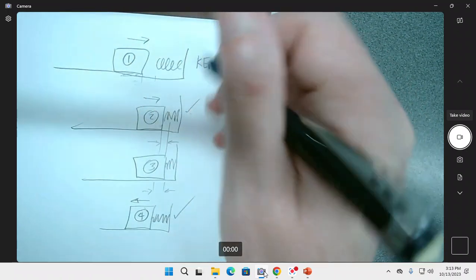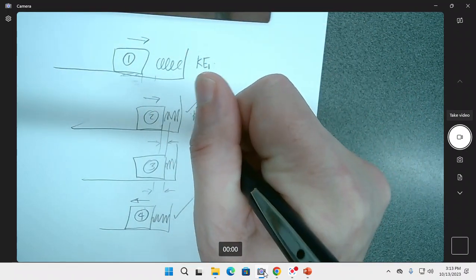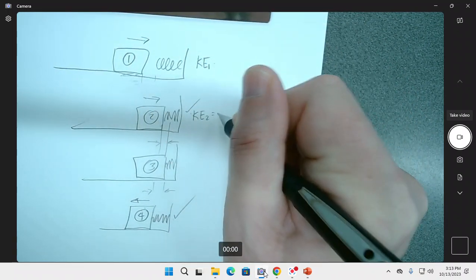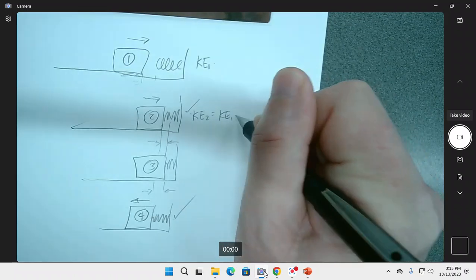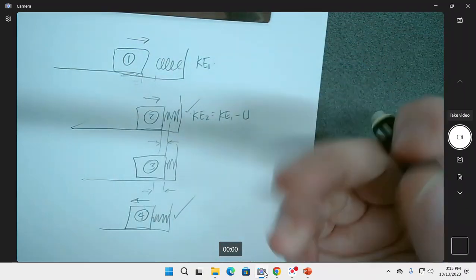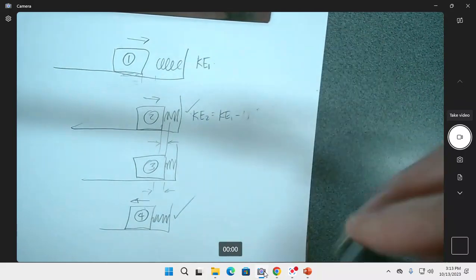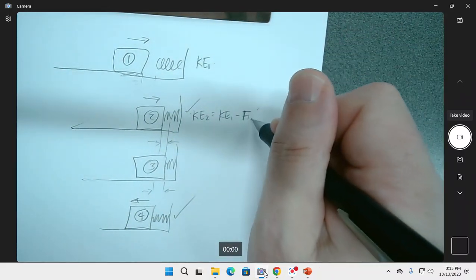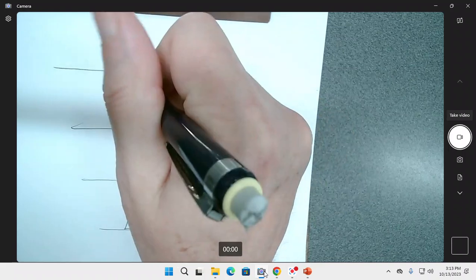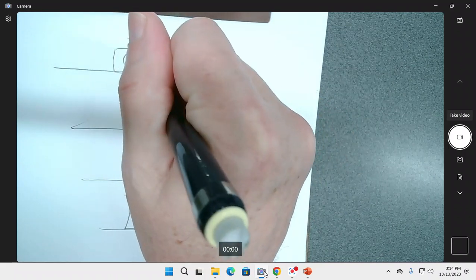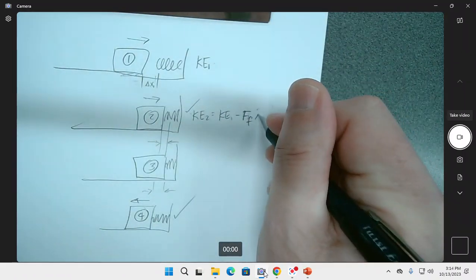And then right here, KE2 is going to be equal to KE1 minus the friction force, and call this right here delta X1.